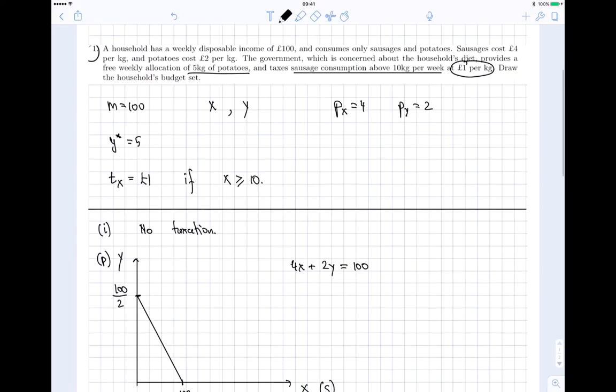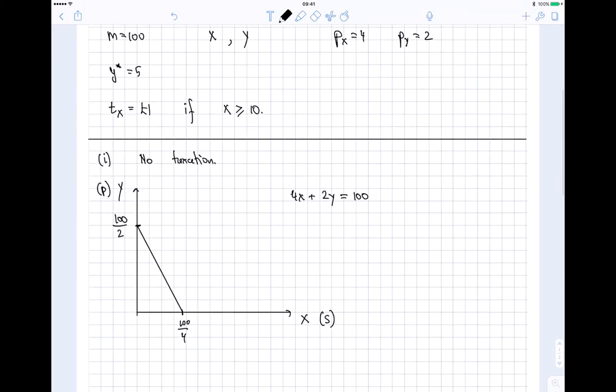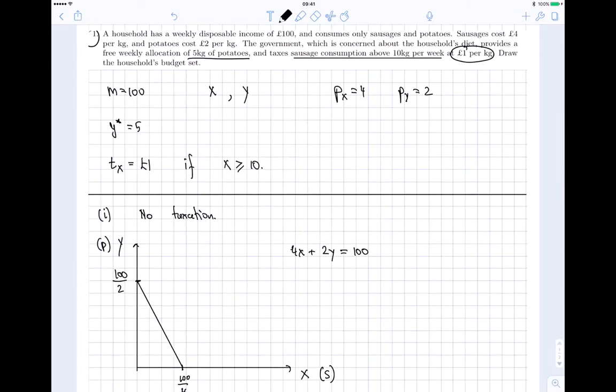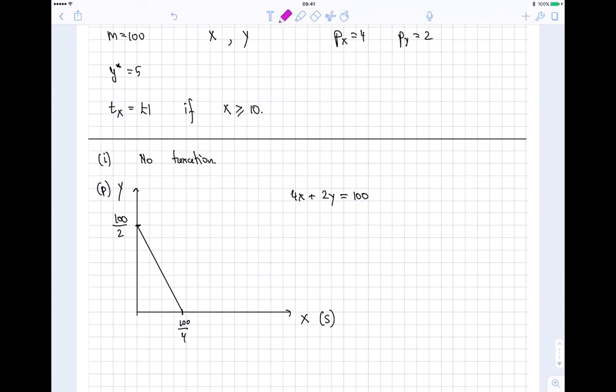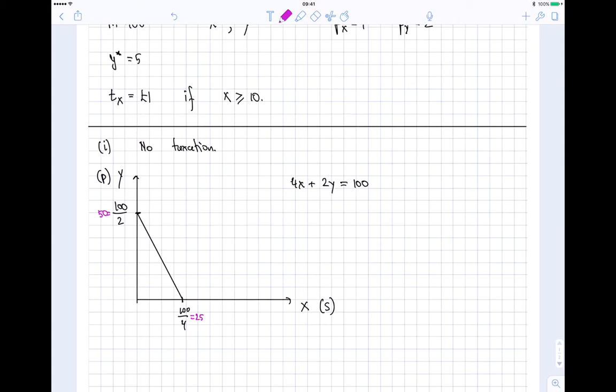Sam, what will happen now when we have this taxation? How would things change? It's saying that if there are more than 10 sausages, the price of sausages is going to go up by £1 per sausage. Correct. So it's going to be a new line from 10 on the x-axis, diverging at that point.